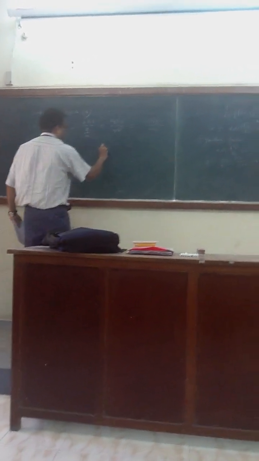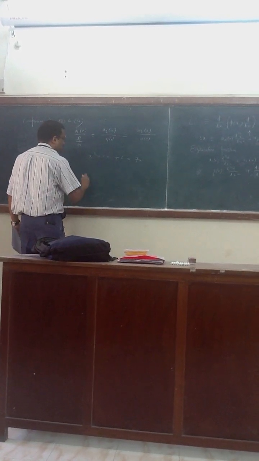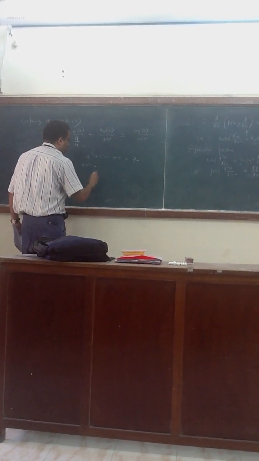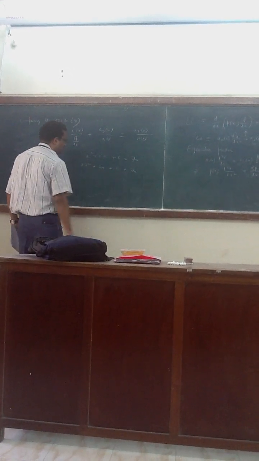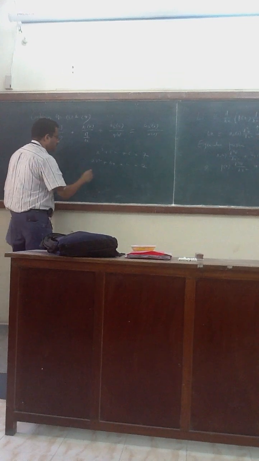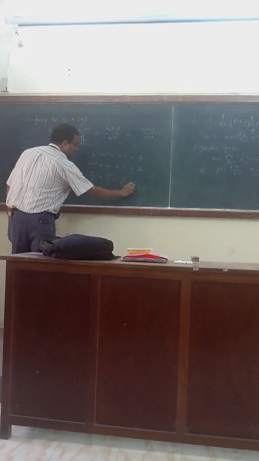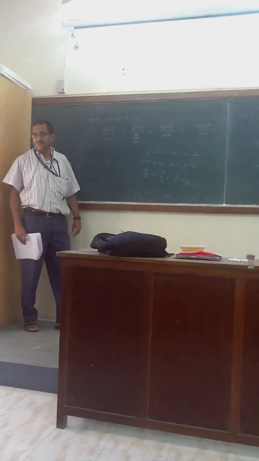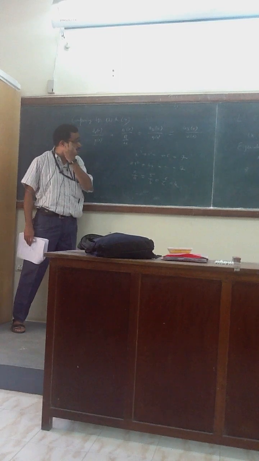For example, I say x square plus 5x plus 6 equals 7, and a x square plus b x plus c equals d. So I can write 1/a equals 5/b, 6/c equals 7/d. Okay? So it could be 2x square plus 10x plus whatever.